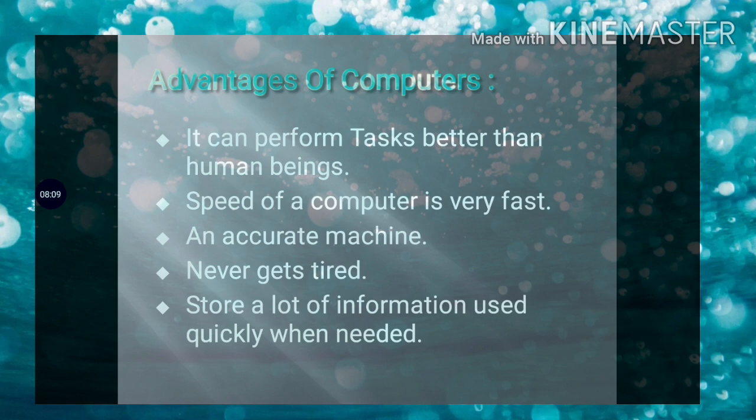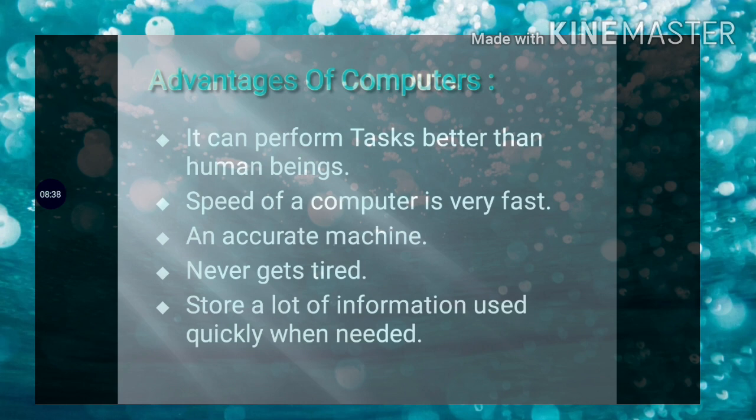Why is it accurate? Man can make mistakes, machines do not. Based on our instruction it works correctly. Human beings sometimes make mistakes based on their mood, but machines do not.